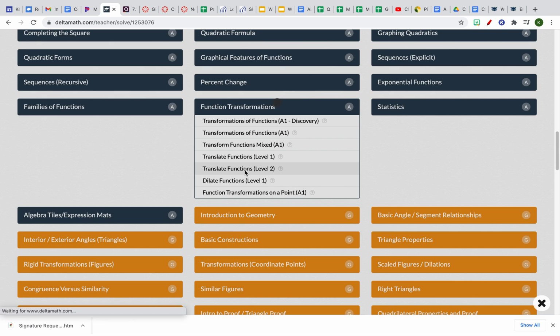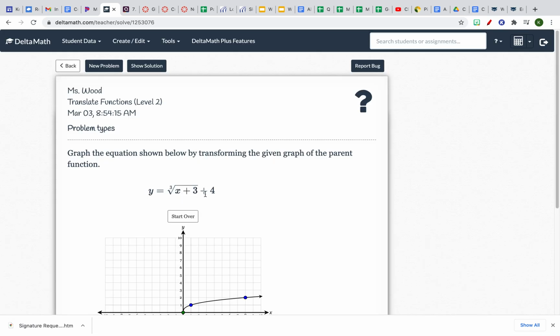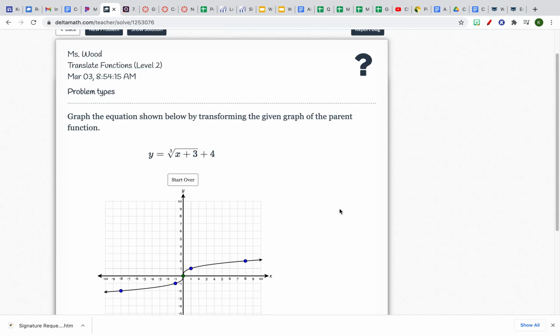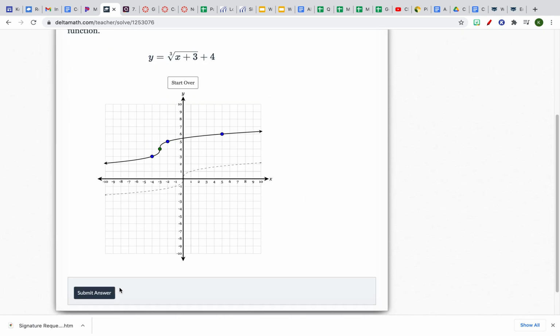Level 2 is going to add both positions. So here I'm going to move it to the left 3, 1, 2, 3, and up 4. 1, 2, 3, 4. And that's it.